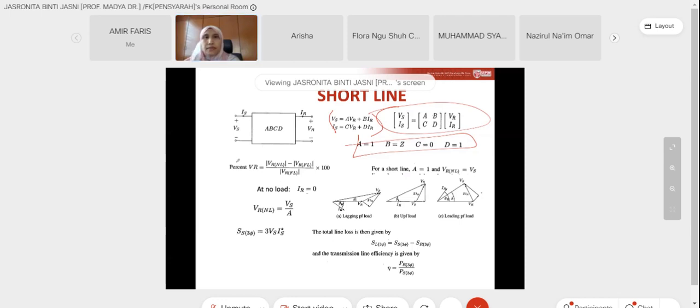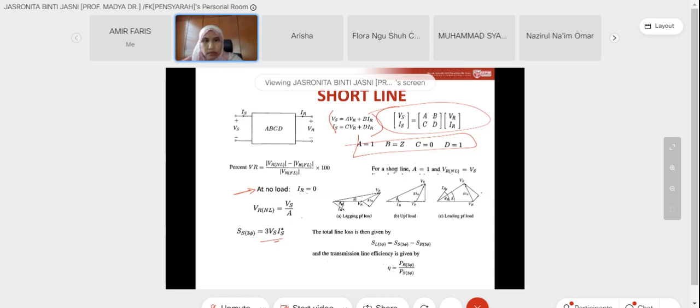Then we need to know the voltage regulation, which is normal. But at no load, for short line, IR equals 0, and then we get this one. And this is the apparent power. So this is for the short line.